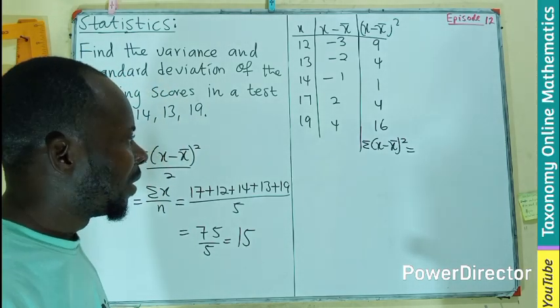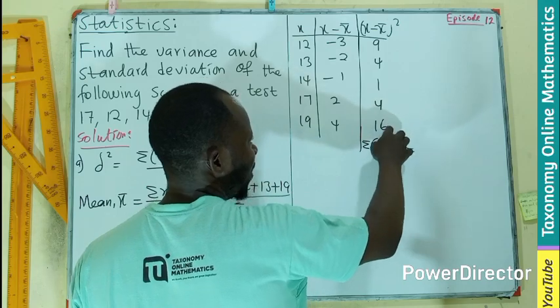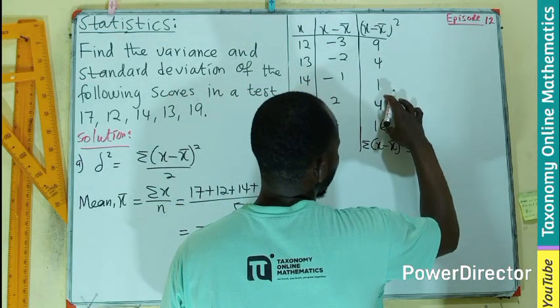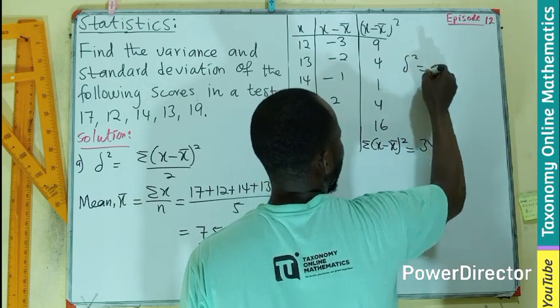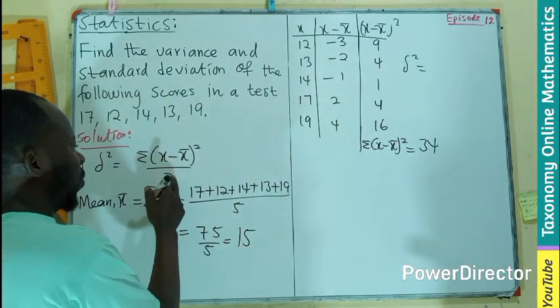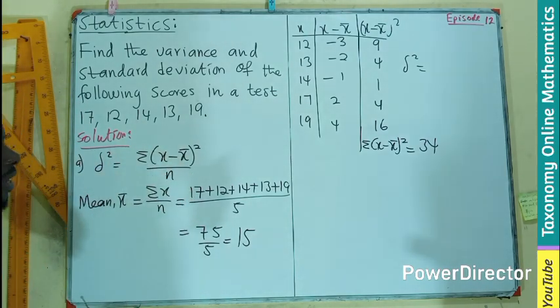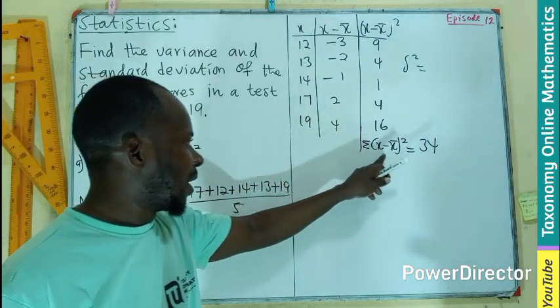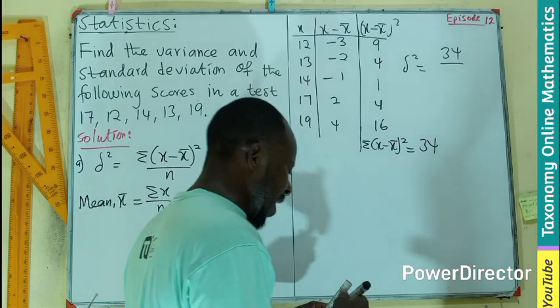If we do that, that will give you 20, 30, 34. So your variance is just going to be this value over n. The summation, the sigma, is 34 divided by n.